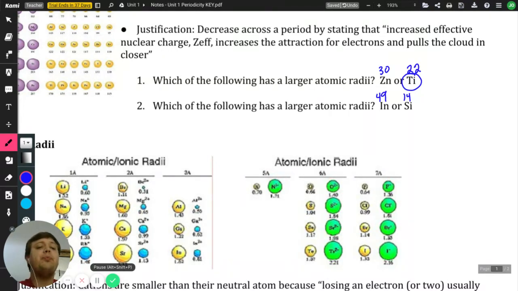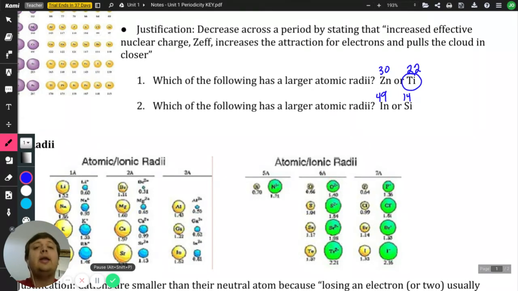Indium is number 49, and it's actually two rows below, so it has two additional energy levels. Silicon is on energy level 3. Indium is on energy level 5. I'm trying to figure out which one's going to be larger.